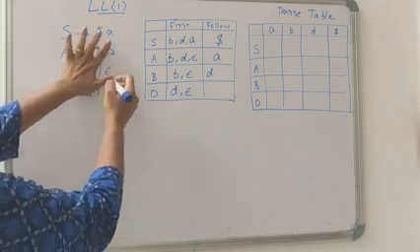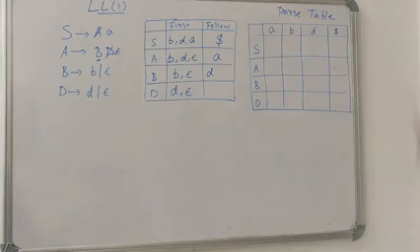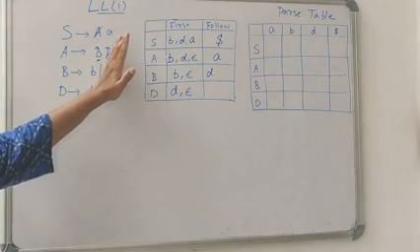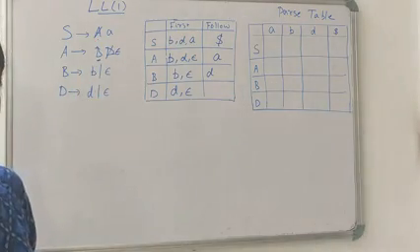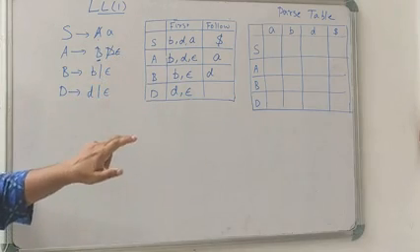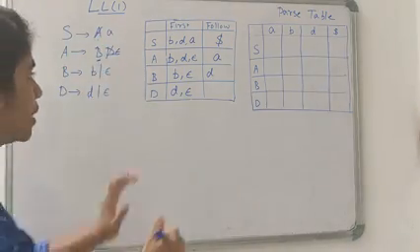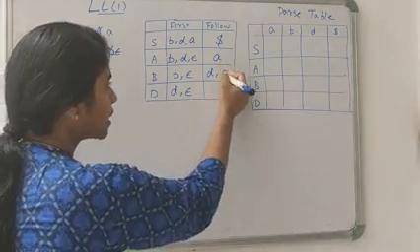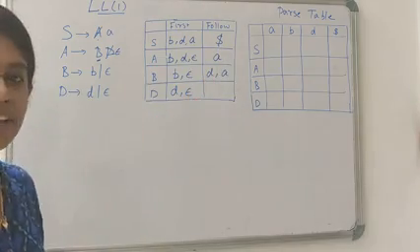And when you replace this D with epsilon, B becomes the last character. So we take all follow of A. Follow of A is a. So follow of B is d and a.